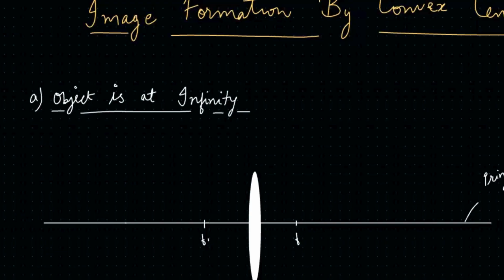Similarly, double the focal length is 2f1 and 2f2, which we call the center of curvature. So these are the important points. And there is also a very important point, which is the optical center. This O is called the optical center.